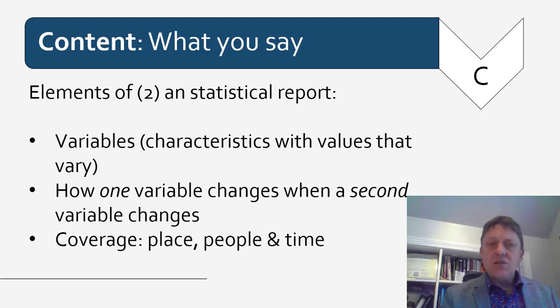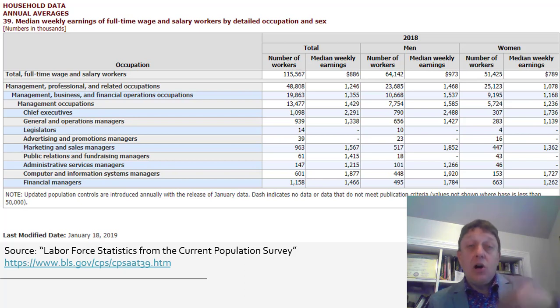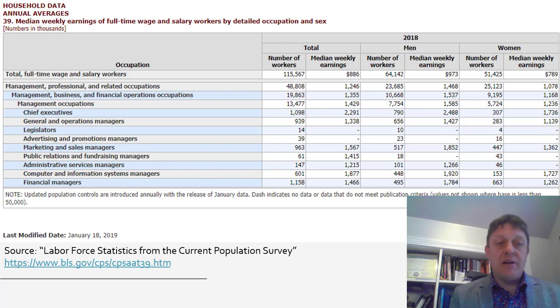So, for instance, we have information here from the Bureau of Labor Statistics that does not actually have an explicit description of what the studied population is. Although if we go to bls.gov, we know that that is the Bureau of Labor Statistics of the United States government, and it is from the current population survey.